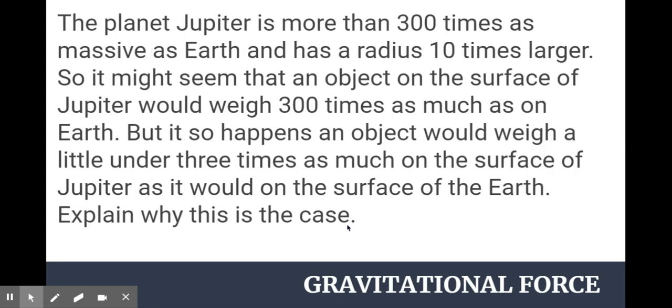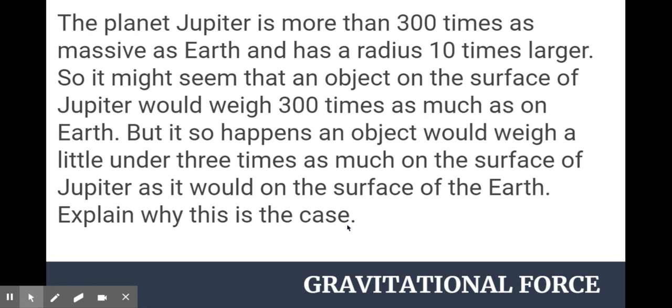Okay? Now, another question. The planet Jupiter is more than 300 times more massive than the Earth. Okay, and it has a radius that is 10 times larger. It's huge compared to the Earth. So we might expect that an object on the surface of Jupiter would weigh at least 300 times as much as it does on Earth.